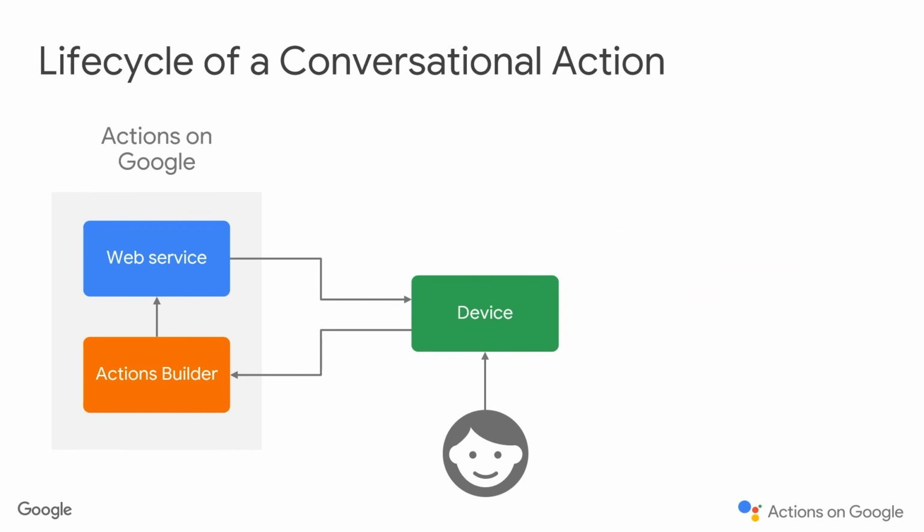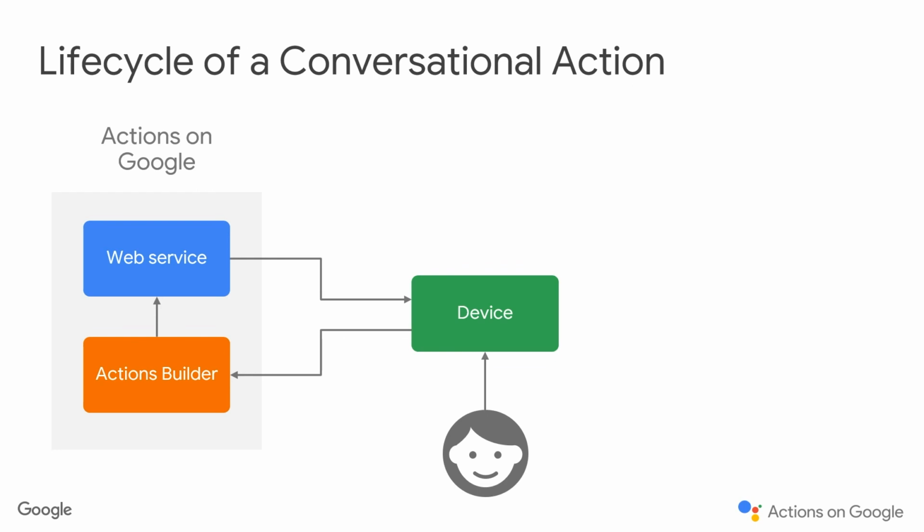Here's a diagram of an action with Actions Builder and a web service. Web services can be used to provide dynamic prompts, make API calls, or check your database. So your Actions Builder or Actions SDK can make a call out to these web services to do those things. And with that, your web service could add to the prompt things like the Canvas app URL and other metadata, which gets sent to the device.